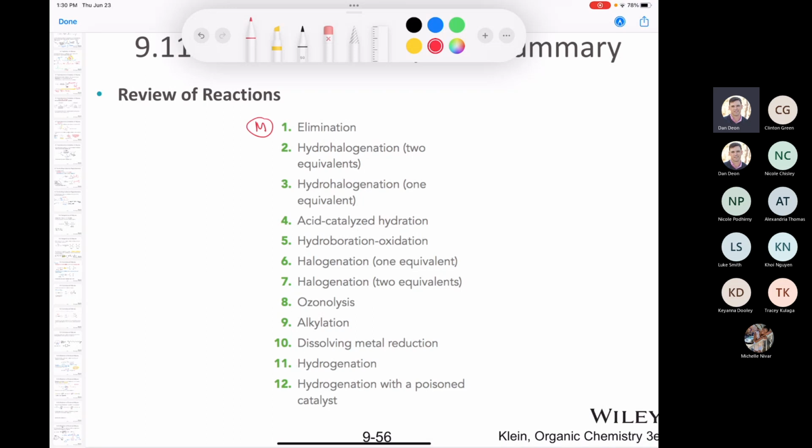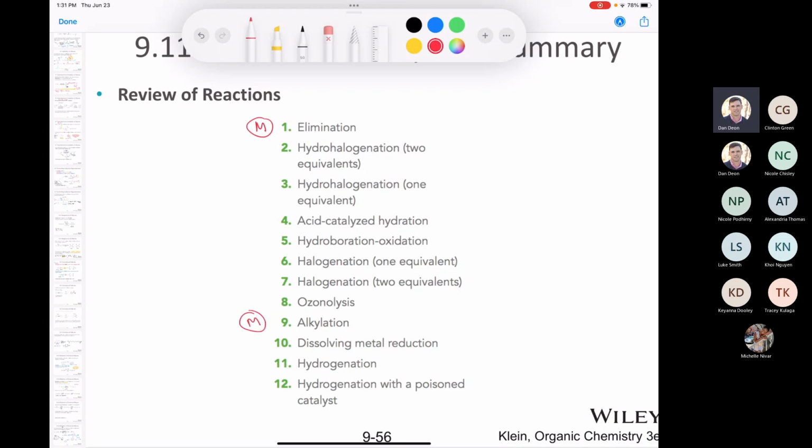Acid catalyzed hydration, no. Hydroboration oxidation, no. Halogenation, no. Ozonolysis, no. Alkylation, no. Dissolving metal reduction is covered in chapter 10, so we'll worry about that later. Hydrogenation, you have to have an idea about syn addition. So I'd say besides the double elimination, you'd want to know about the alkylation mechanism for sure.